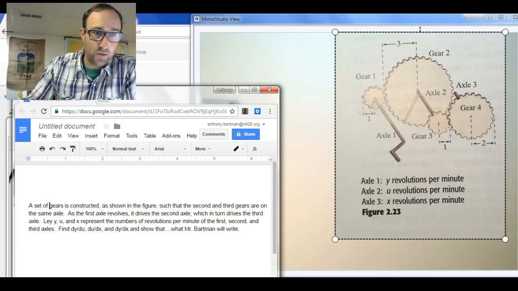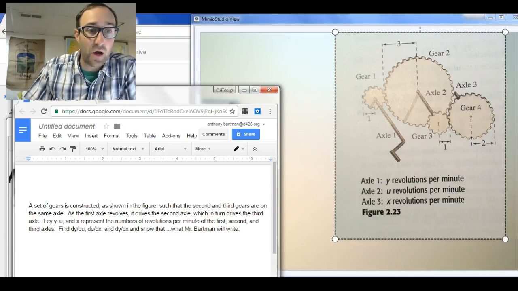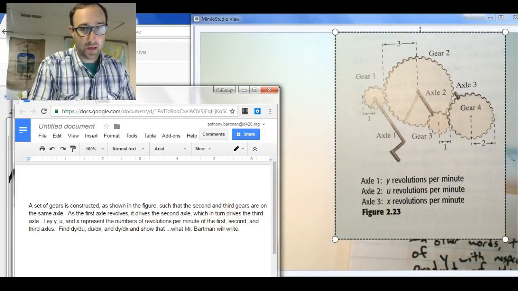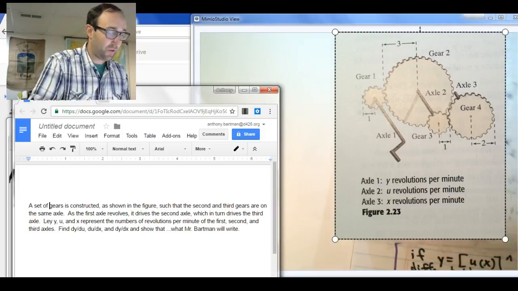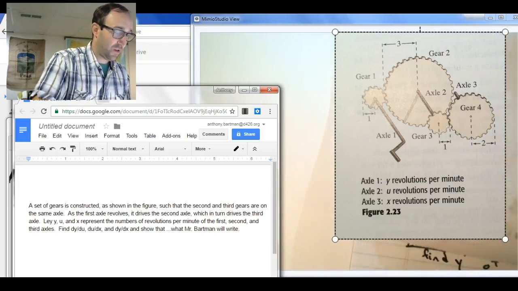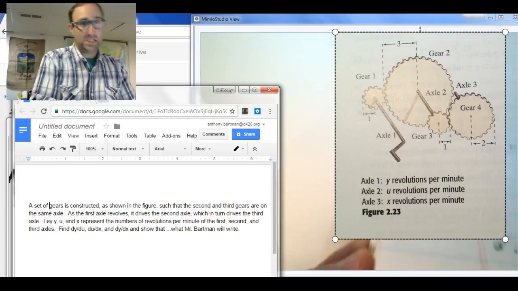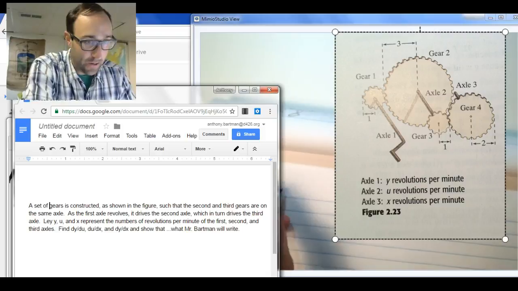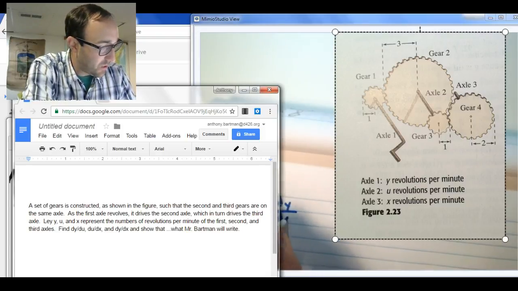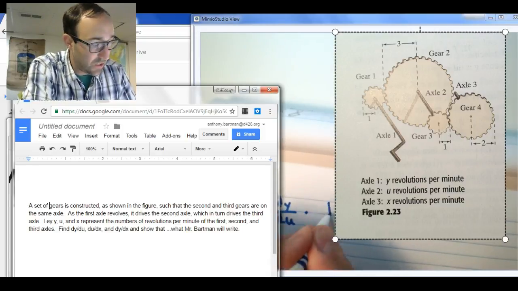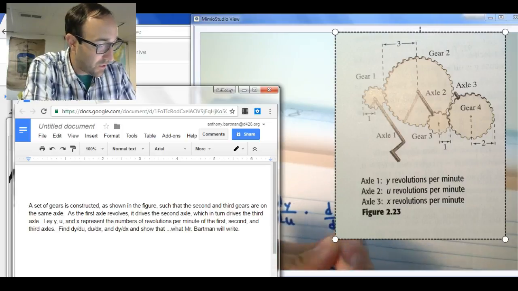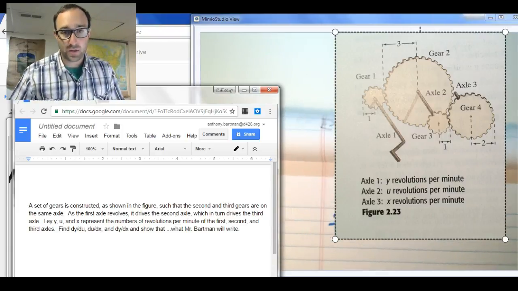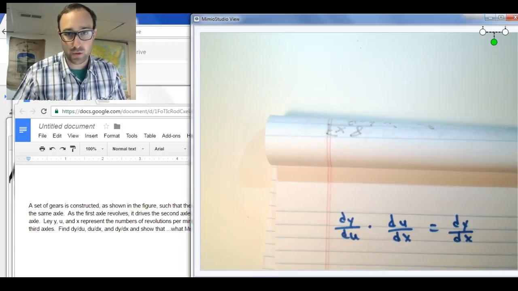Find dy/du, du/dx, and dy/dx, and show that dy over du times du over dx equals dy over dx. I know you really can't see that, and that's okay. I can show it to you in just 1 second. It goes right here. See it? There it is.